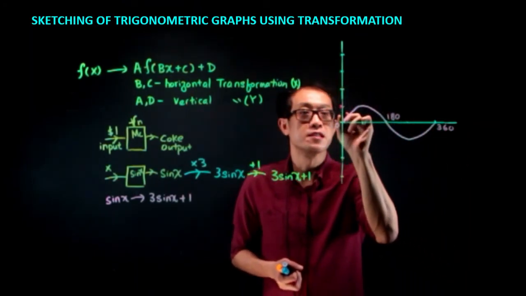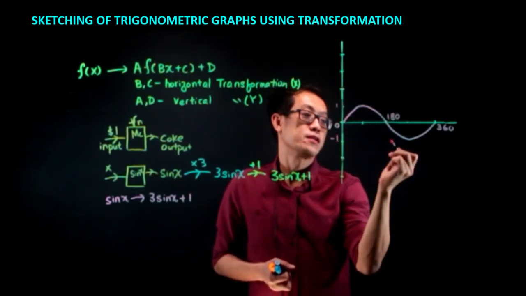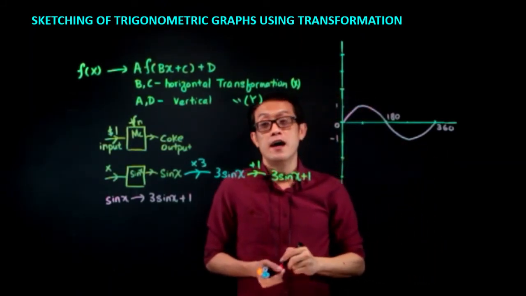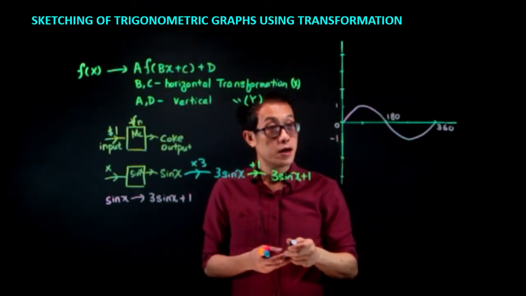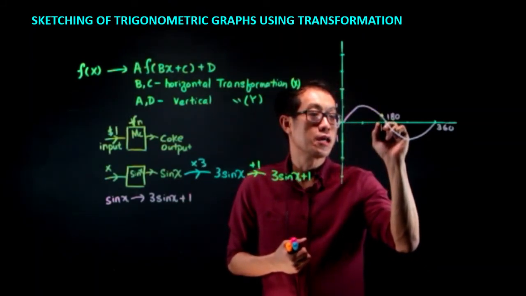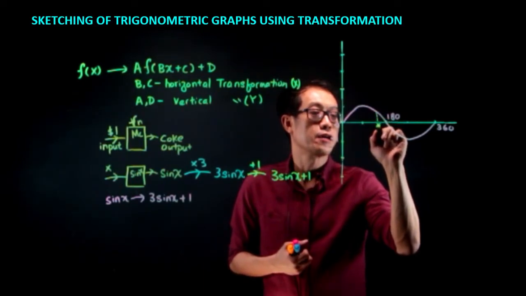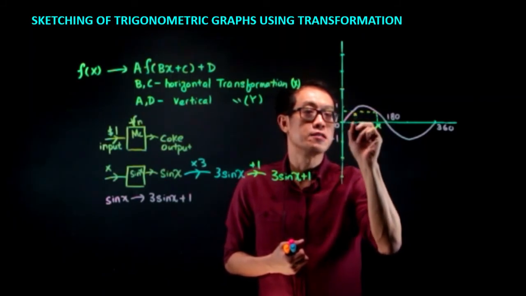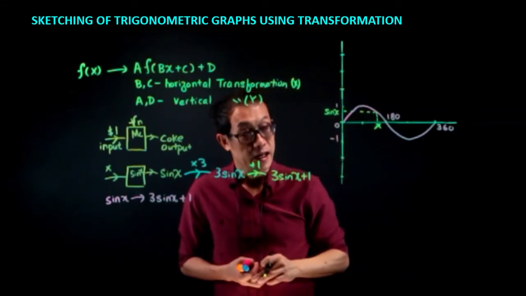This value here is 1, and here is minus 1. It should be drawn a bit lower, but it's okay. For whatever x I put in, let's say I put in this x, I get this output, which is sine x.